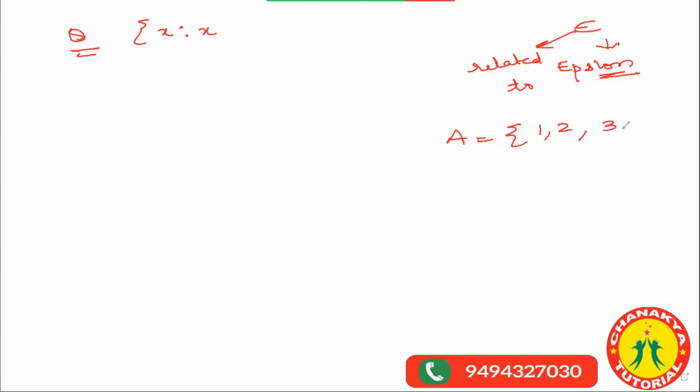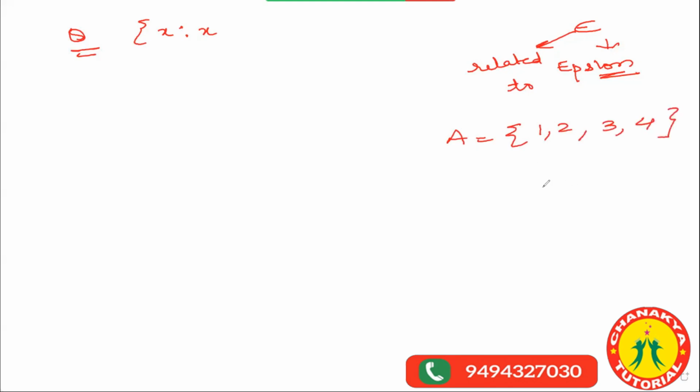X such that X, see children, this symbol is called epsilon. It means related to. Suppose A is equal to 1, 2, 3, 4.